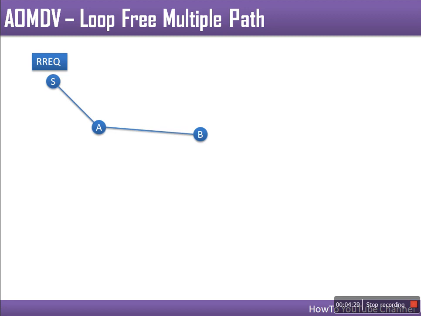In AOMDV routing, we allow a node to receive multiple route request packets, and we ask that node to set a reverse path to the node from where the packet is coming. Consider this scenario: node S sends a route request packet to node A, so A will set a reverse path to S, and A will forward this packet, let's say, to B. Actually it is broadcasting.